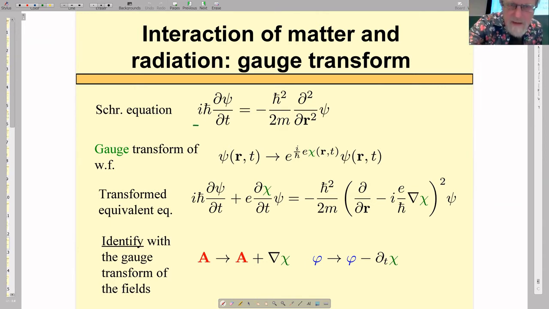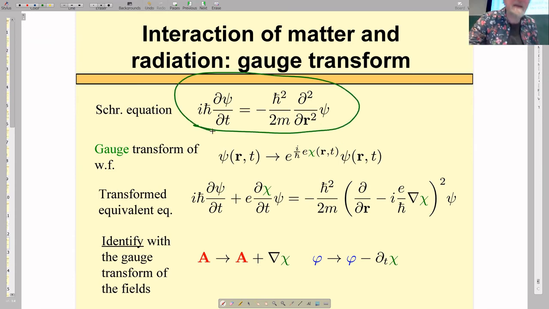First of all, the Schrödinger equation for a charged particle. I just skip the potential at the moment. And I can transform the wave function, just do something mathematical, in the following way.